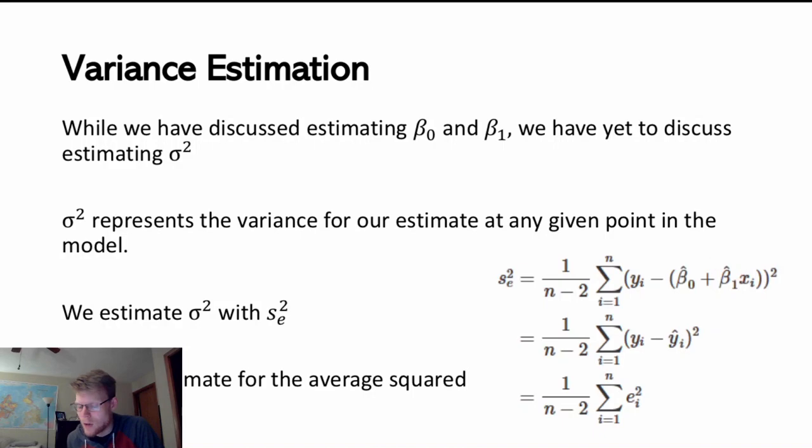By doing that, we're going to introduce some error into the estimator, and it's actually going to end up being a biased estimator unless we correct it in the denominator. But we'll talk about that again in a later chapter. Just know that dividing by n minus 2 versus n has to do with making this an unbiased estimator rather than a biased estimator.